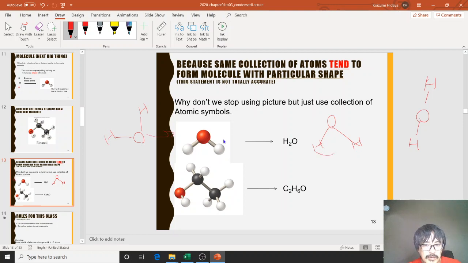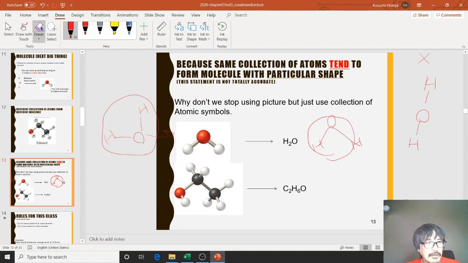These are the same, but this is not. Relative position is important. If you have a shape like this, no matter how you rotate it, it's the same shape. You're just changing the orientation. So these guys are the same, but that one right here is different.